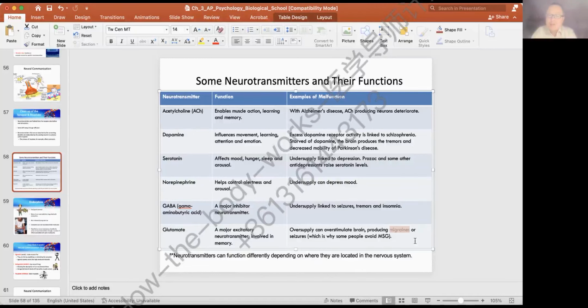During sleep, the glutamate secretion will be lowered. On the contrary, GABA, gamma-aminobutyric acid, will be secreted, making the person not that excited.